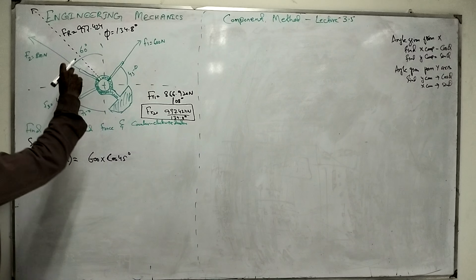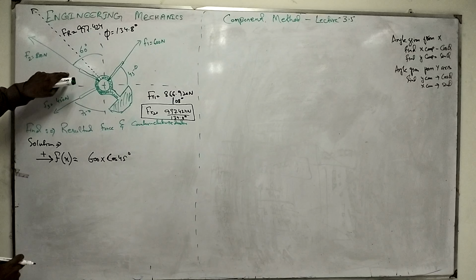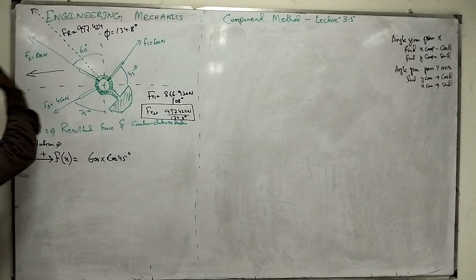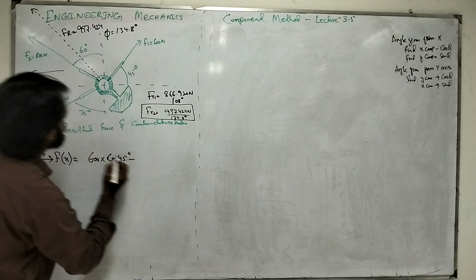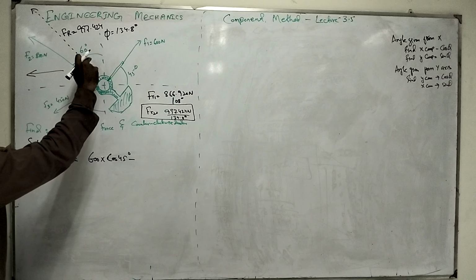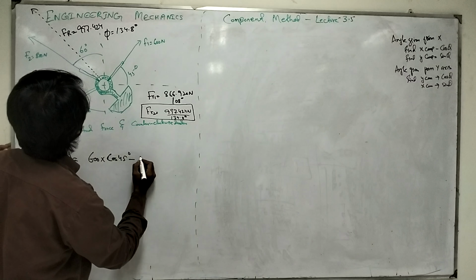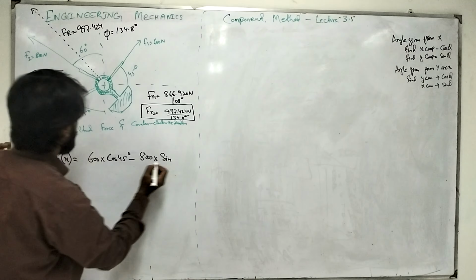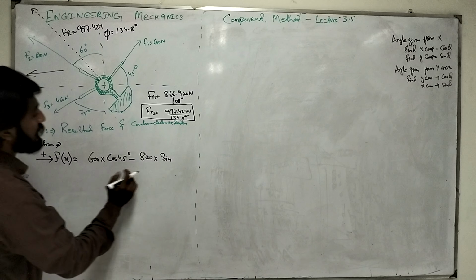Then we have this force as well, F2, which is also making an x component, but it is going in a negative direction because it is going to pull in this direction. So this will be negative, and we have the angle from the y axis and we need to find the x component. So we multiply 800 with sine theta, which will be of 60 degree.